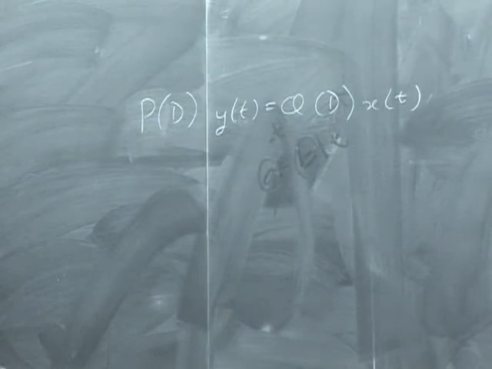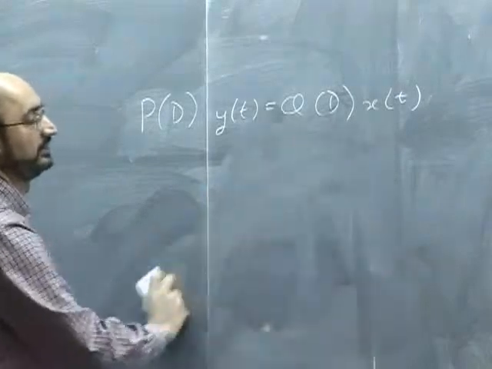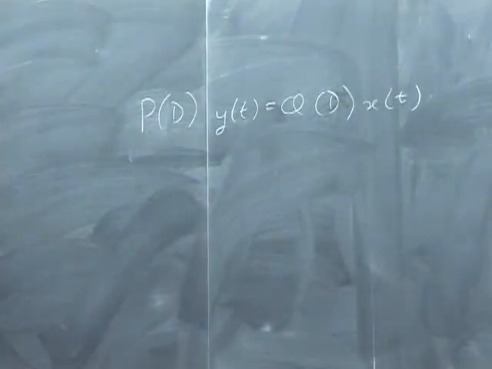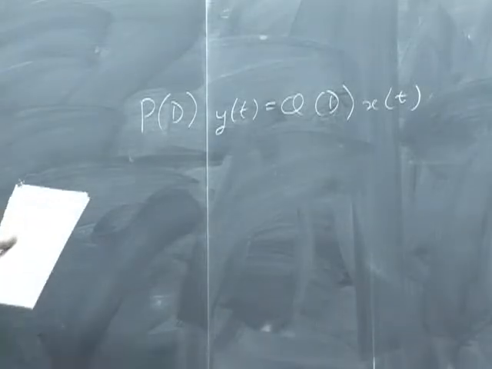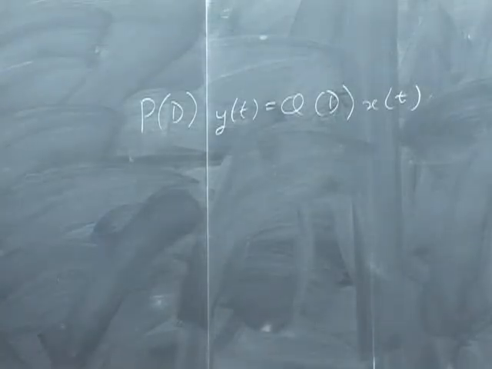I already wrote out the full form of this last time, so nothing new there. The interesting part here is that the polynomials in D are polynomials on functional forms rather than polynomials in variables that you've seen earlier. But they still obey the same rules. In particular, you can factorize them as we normally do.